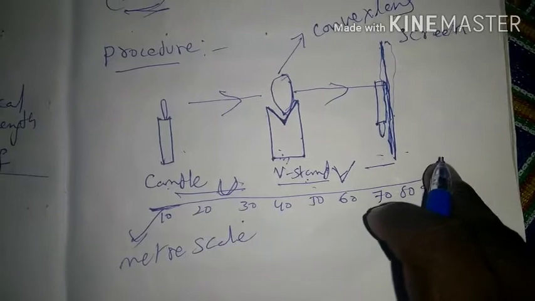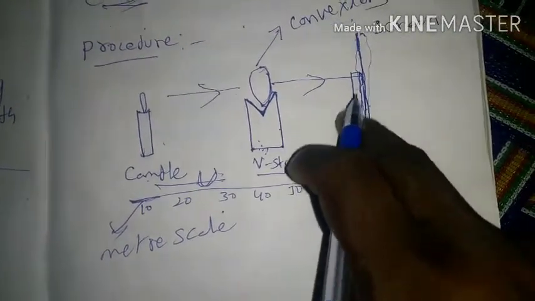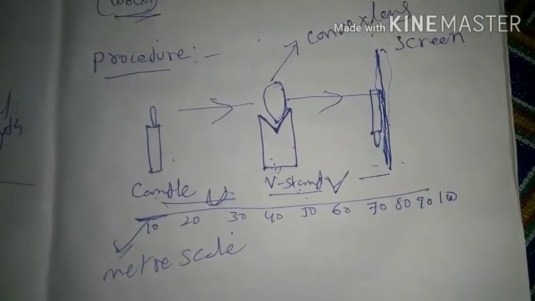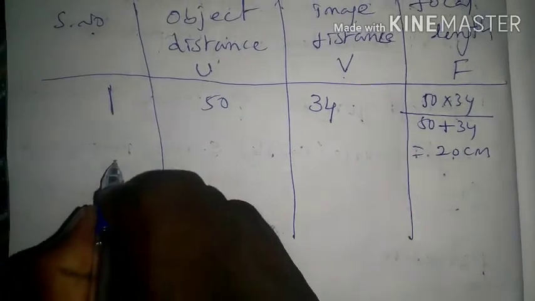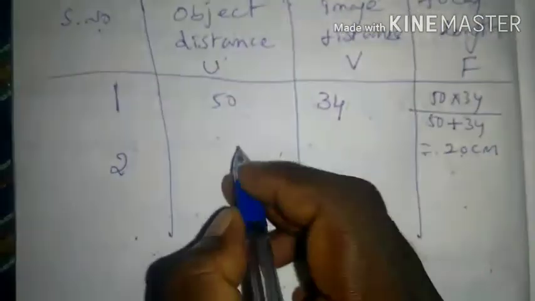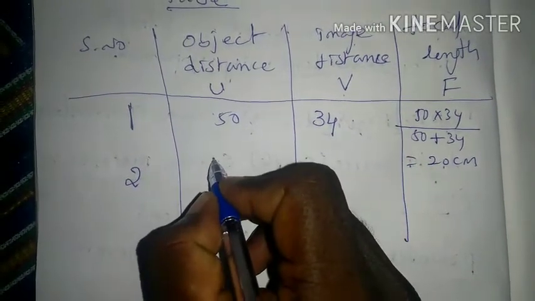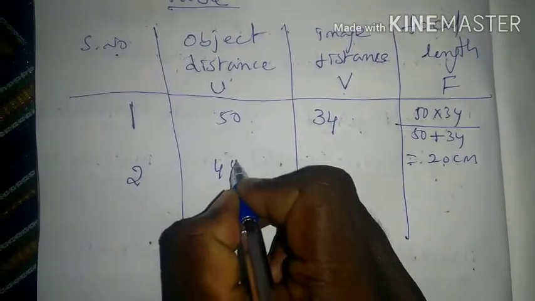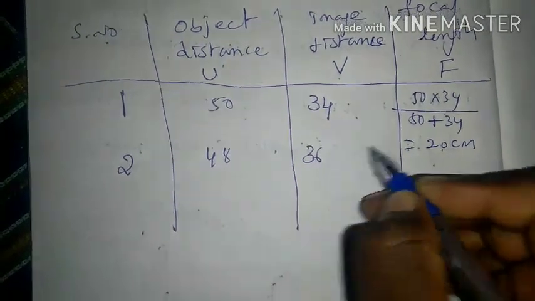Adjust the screen till you get a clear, inverted image. See the table column, serial number 2, object distance 48, image distance, clear image, 36.